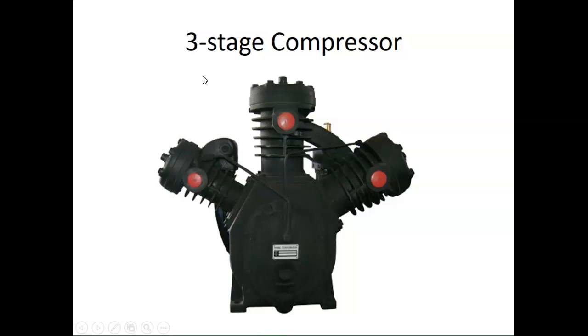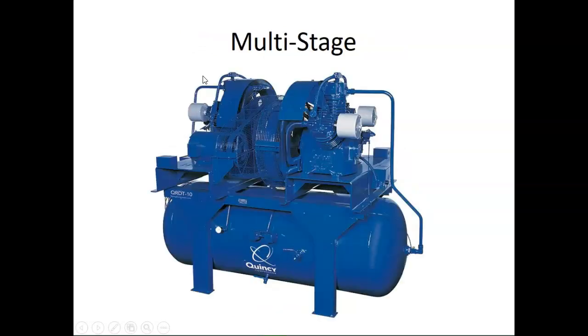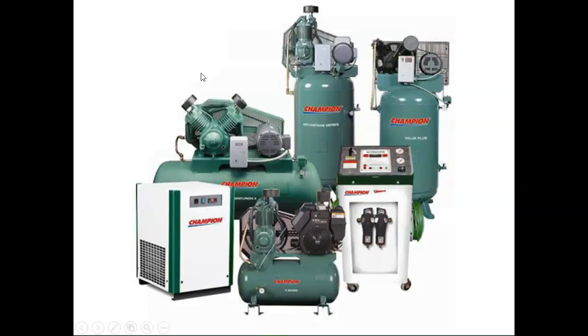The higher the pressure you need, the more you're going to have to work at it. This one's a multi-stage. Very pretty, isn't it? Looks very efficient. This one's all sorts of different ones. Now, what would be the difference between one that stands vertically and one that lays horizontally?